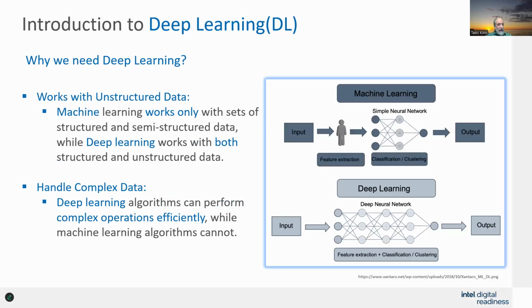Which is kind of implied in the definitions we were just looking at. It says machine learning only works with sets of structured and semi-structured data, while deep learning works with both structured and unstructured data. So it is more flexible. It can handle much more complex data and more efficiently. And machine learning algorithms typically cannot. So it is much more powerful.